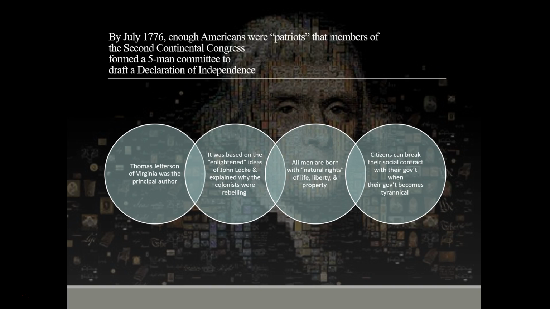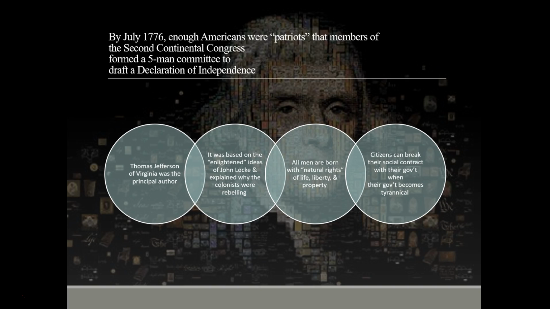And most people think it's just Thomas Jefferson sitting there with his pen, but that's not true. Jefferson was the primary author. The document itself is based on enlightened ideas of Locke, Rousseau, and Montesquieu. And it breaks down why the colonists are rebelling. Here are our grievances. Here's why we don't want to be part of you anymore.